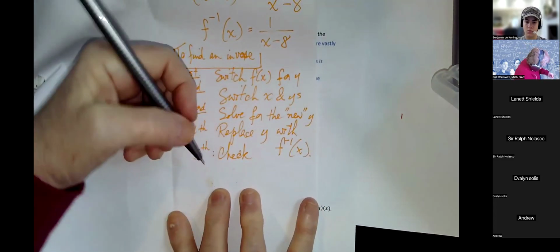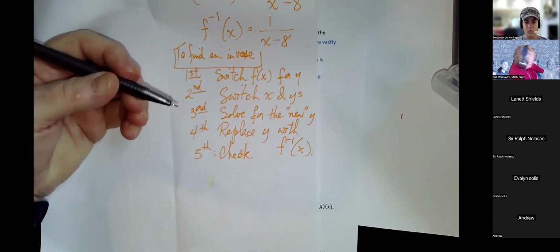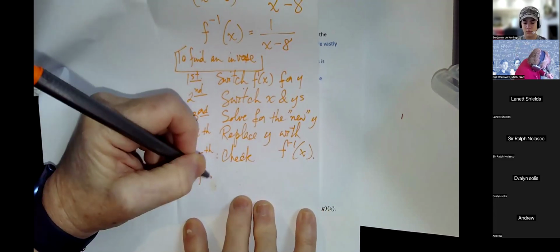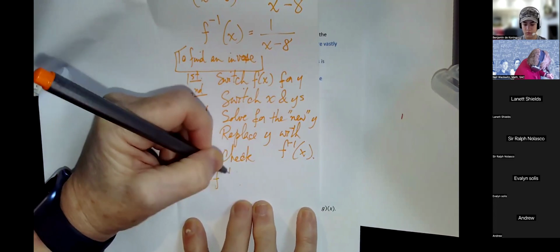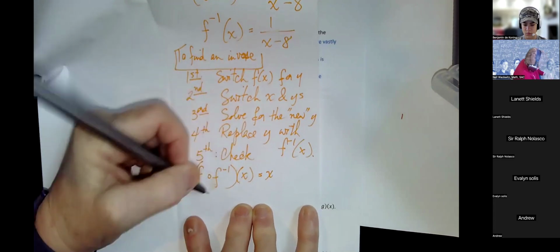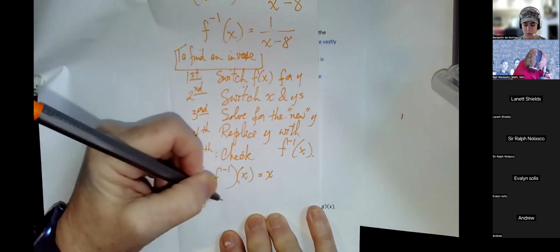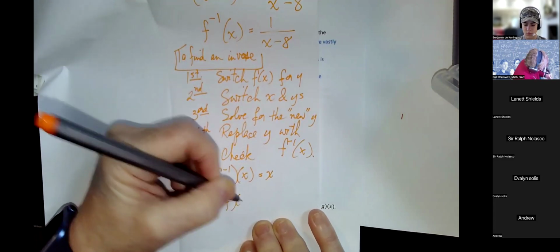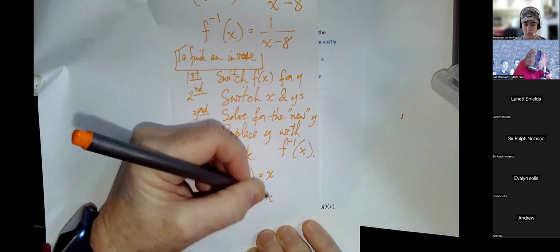And the way that you check is that a function and its inverse undo each other, which means that f composed with f inverse of x has to be x, and f inverse composed with f of x also has to be x.